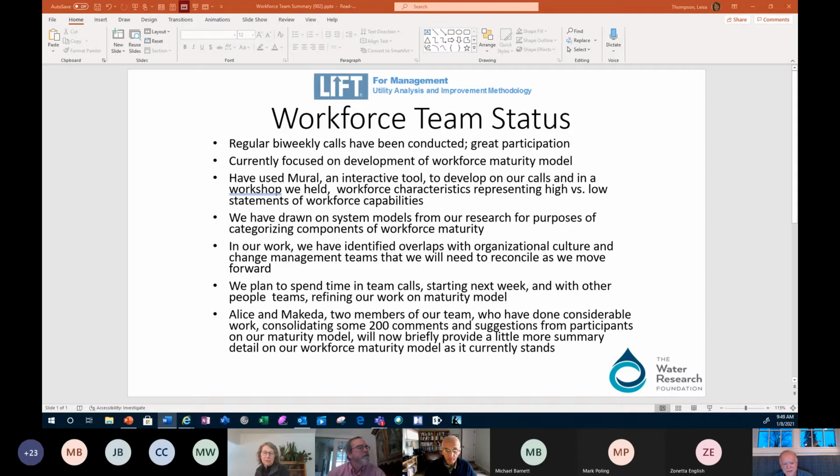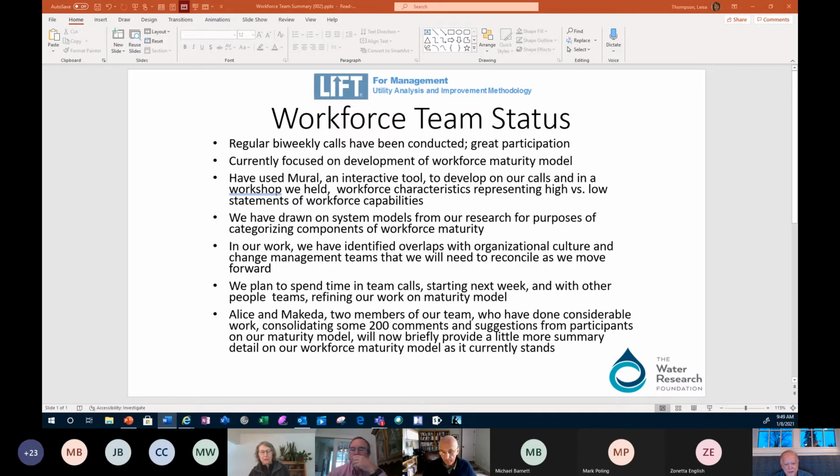That allowed us to gather workforce characteristics that the team feels represent the high versus the low statements of workforce capabilities. Now we're drawing on our system models, and we all have a few different system models in mind from our research. But I think as we put those all together and think this through, we'll have the best of all of those systems in play.